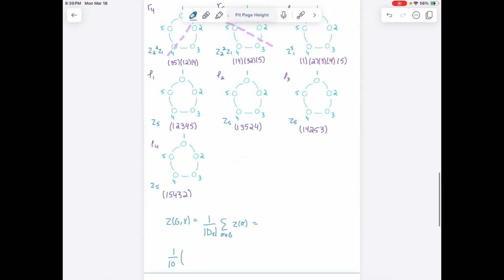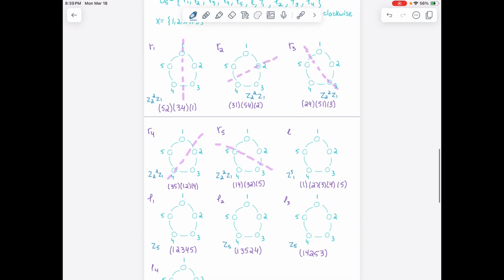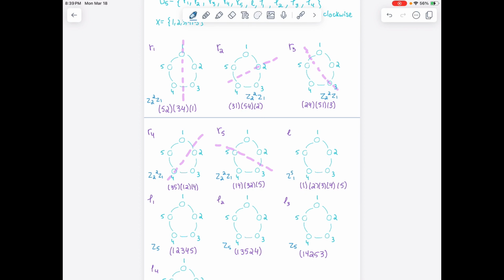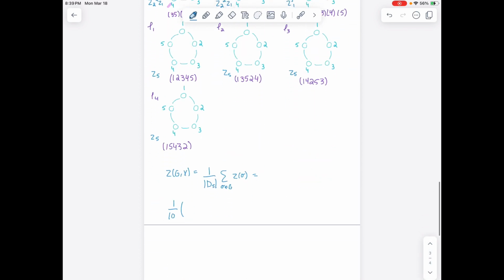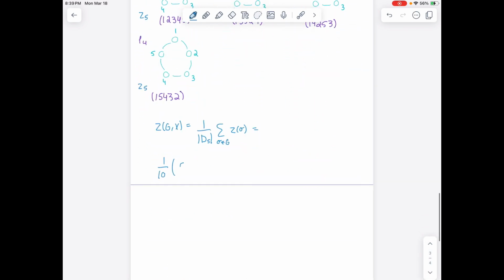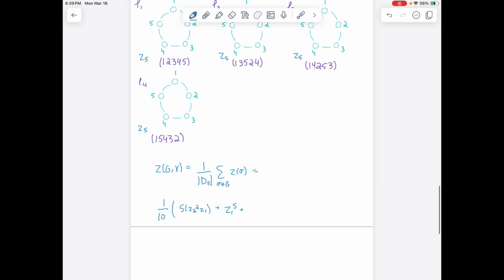So we said we had 4 or 5 instances of Z2 squared Z1, plus 1 instance of 5 cycles of length 1 and 4 cycles of length 5.